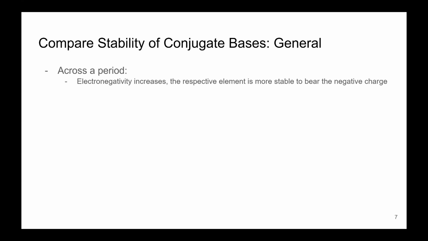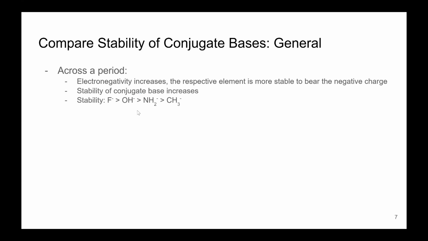After you deprotonate an acid, or after the acid gives away a H+ ion, it might need to bear a negative charge. If the element that bears the negative charge is more electronegative, then it will be more stable to bear the negative charge. So the stability of the conjugate base will increase.